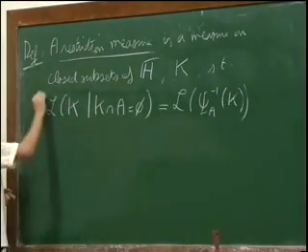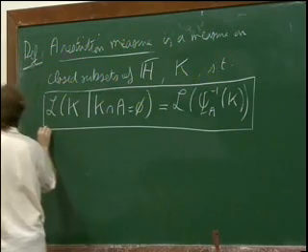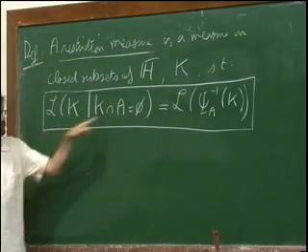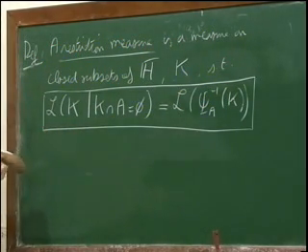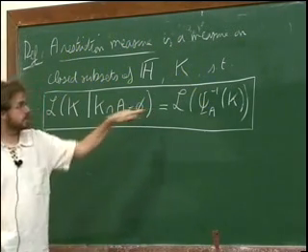So this is the definition of a restriction measure. If you want to condition K to avoid A, you just push H to H minus A. You push K by this, and you get the distribution that you wanted.